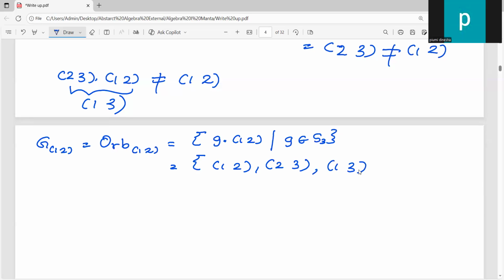Now we obviously have to find (1 2 3) dot (1 2) and (1 3 2) dot (1 2). And these are the only three distinct elements that you get in the orbit. So the orbit of (1 2) contains these three elements. These calculations you can do on your own and make sure.